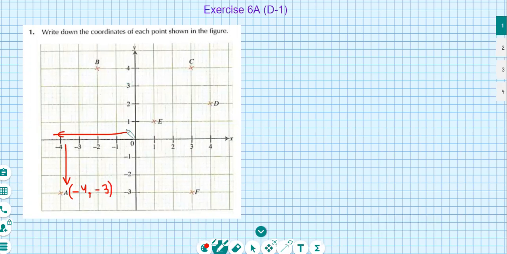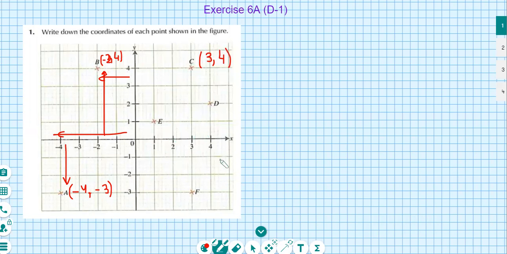Okay, for B, along x-axis, it will be 2 steps backward, and along y-axis, it is 4 steps above the origin. So the coordinates will be (-2, 4). First, you have to write the x coordinate and then y coordinate. C: +3 x coordinate, and y coordinate it is above the origin, 4 steps above.